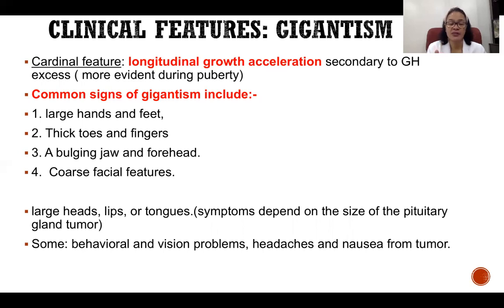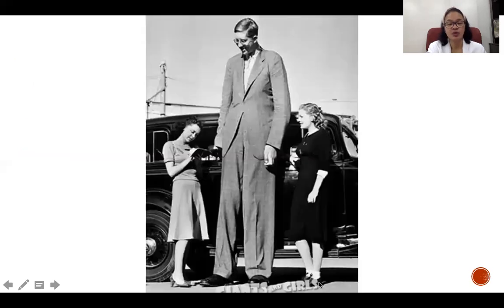Other features are a large head, lips and tongue, and enlargement of the skull. Some patients may manifest behavioral and vision problems, headaches, or even nausea because of the tumor.